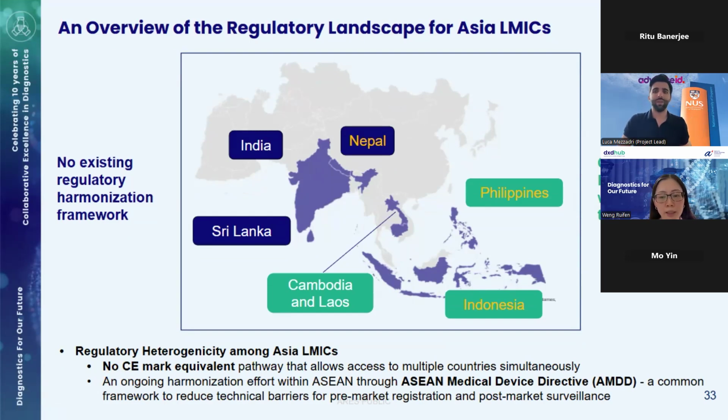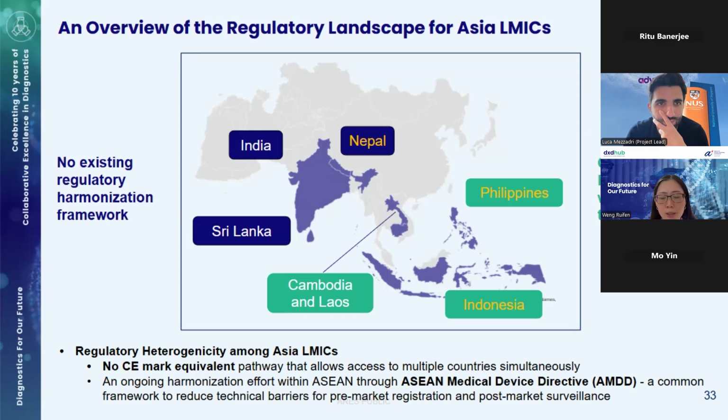So in the next 10 minutes or so, I hope to unpack some of these country or region-specific regulatory nuances by going through a very quick overview of the regulatory landscape across Asia, but with a focus and emphasis on a couple of low middle income countries which are of priority to the current Detect Asia program.